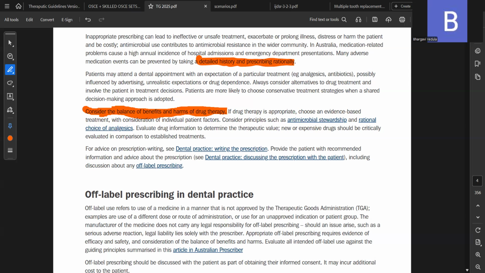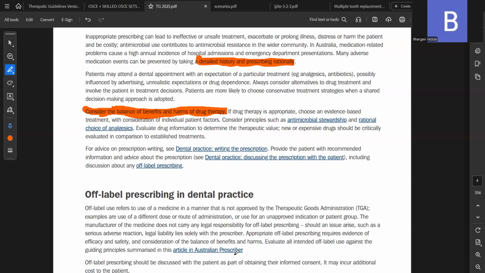Appropriate off-label prescribing requires evidence of efficacy and safety and consideration of the balance of benefits and harms. Again, time and again, as I've told, it keeps on coming, we have to give consideration for the balance of benefits and harms, and evaluate all intended off-label use against the guiding principles summarized in the article in Australian Prescriber.